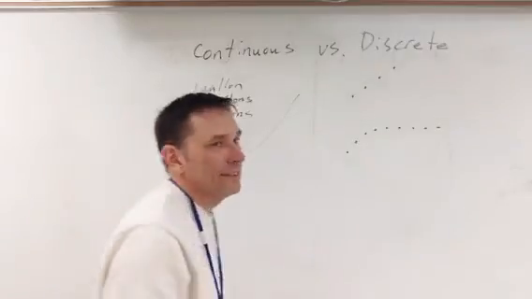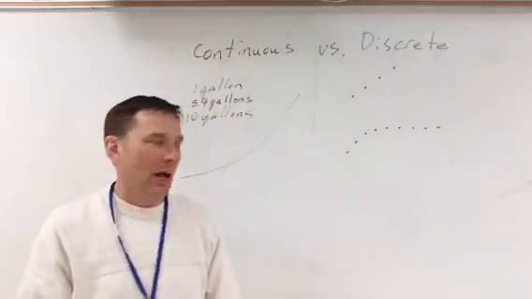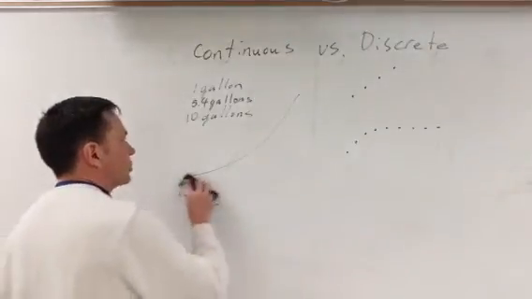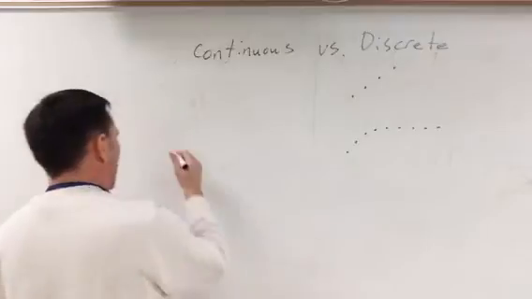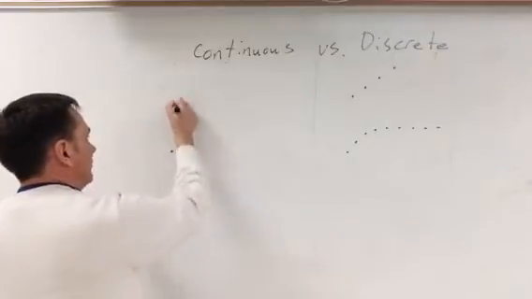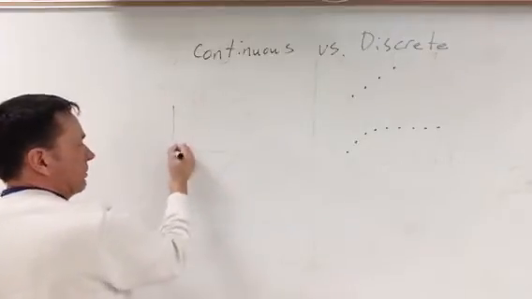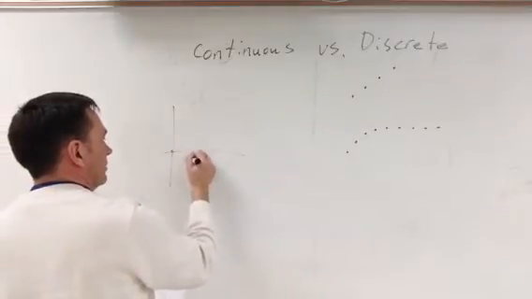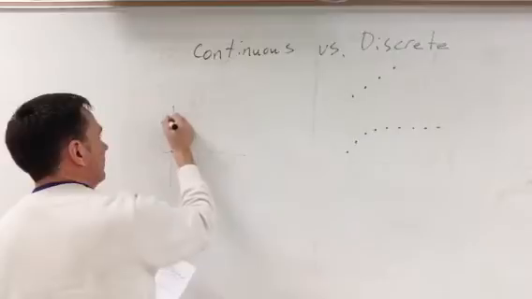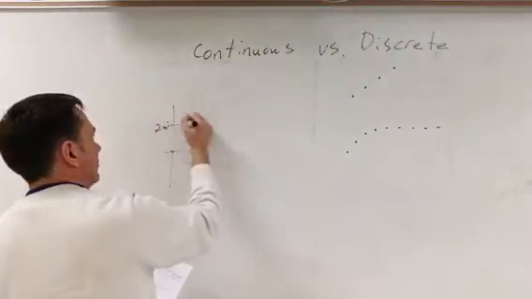Another one is the distance traveled. If we're traveling, and let's say we're walking somewhere, hiking out in the woods, and we start here right at the beginning, at 0 time, we haven't gone anything. Let's say at 1 hour, we're here, and we've traveled maybe 2 miles.